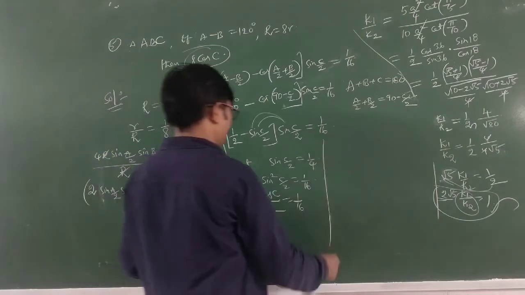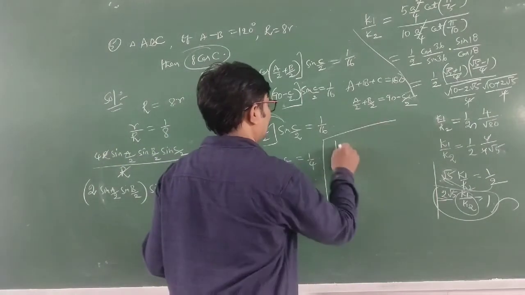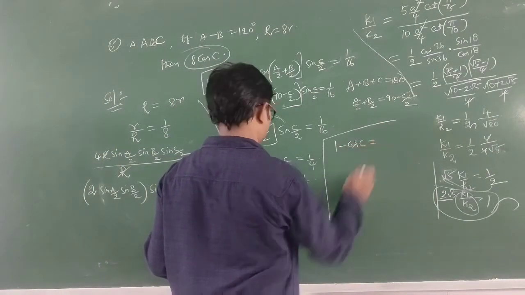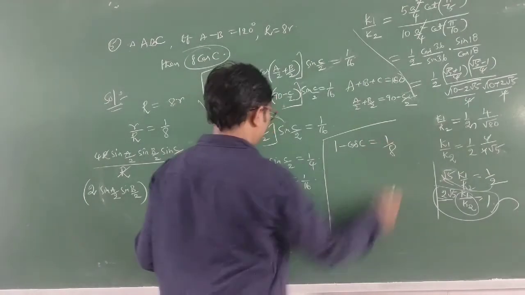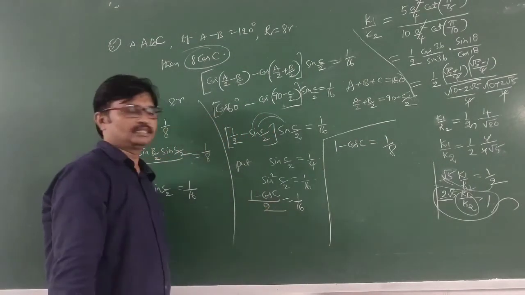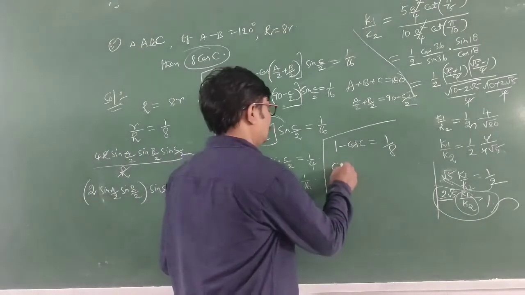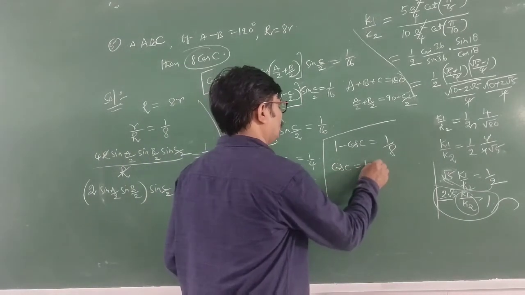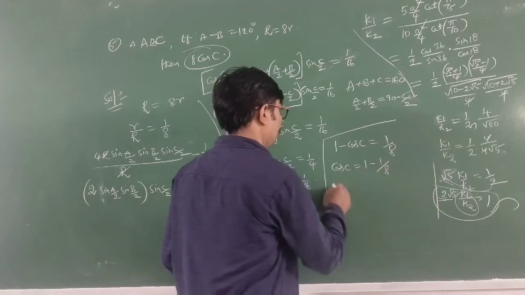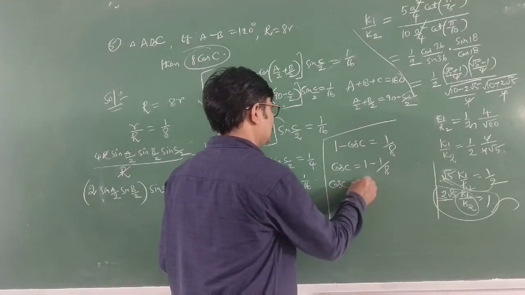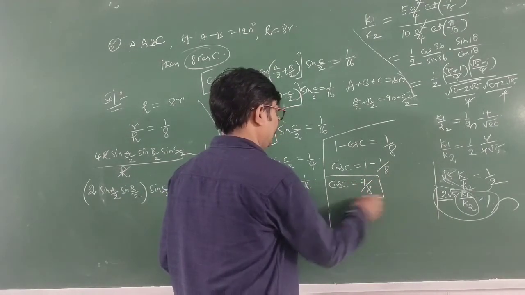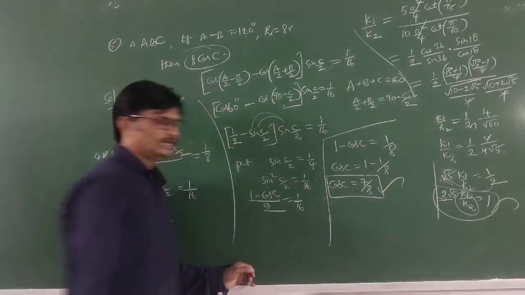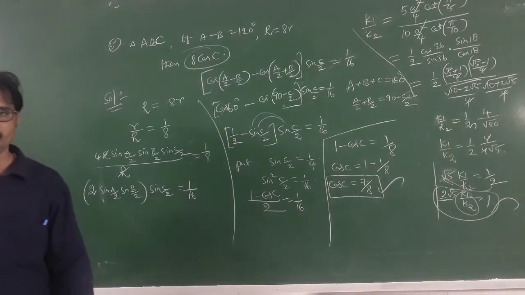This implies 1 minus cos C is 1 by 8. So cos C equals 1 minus 1 by 8. Cos C is 7 by 8.